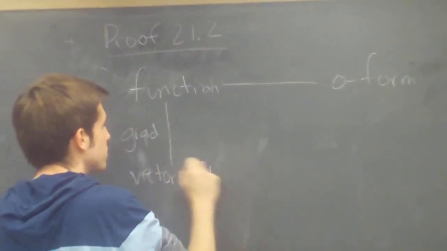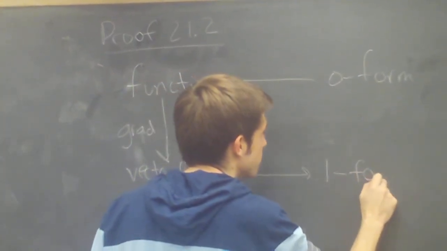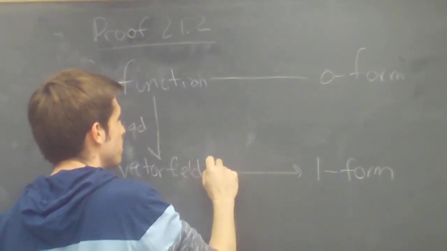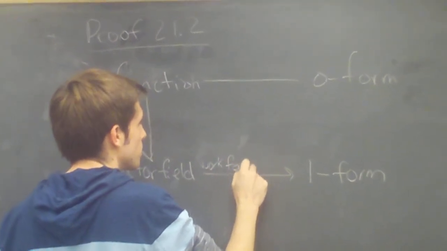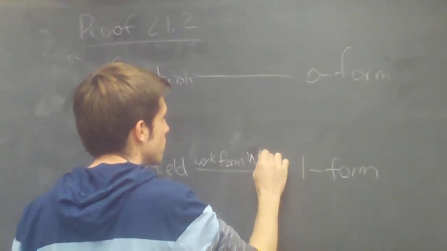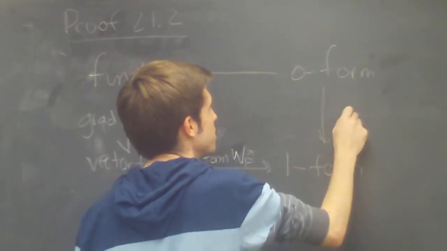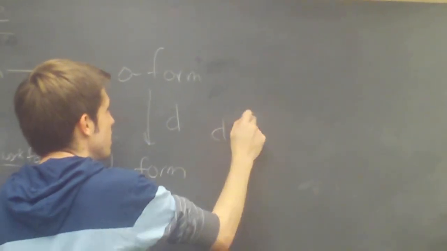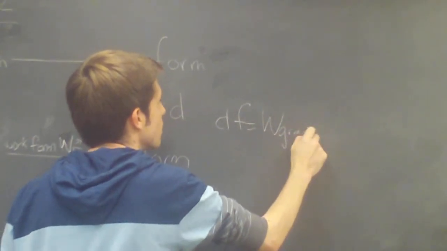And to go from a vector field to a one-form field, you do that by taking the work form. And also to go from a zero form to a one form is just by the operator d. So this means that d of f is equal to the work form of the gradient of f.